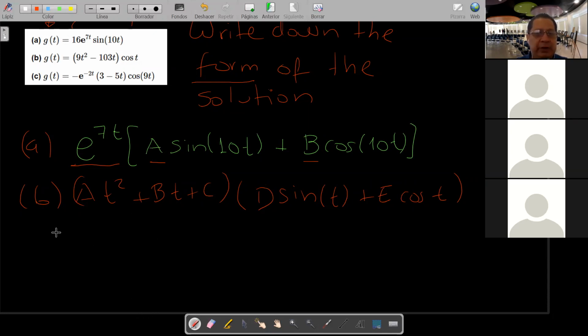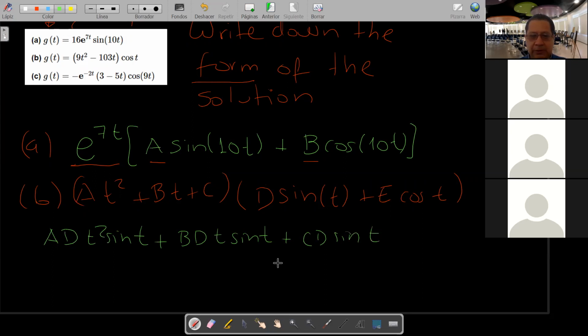So if we do the product, we will have a times d t squared sine of t plus b d t sine of t plus c d sine of t plus a e t squared cosine of t plus b e t cosine of t plus c e cosine of t.